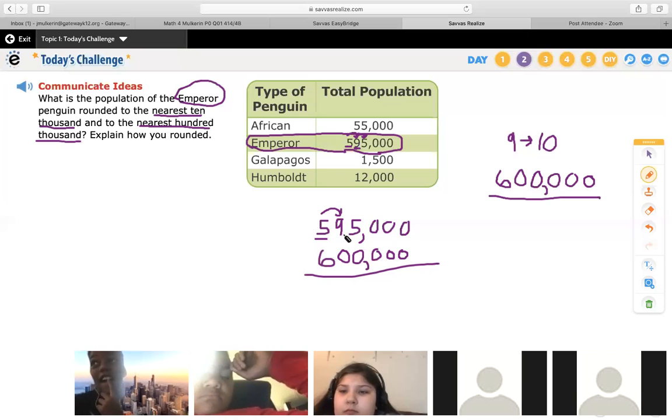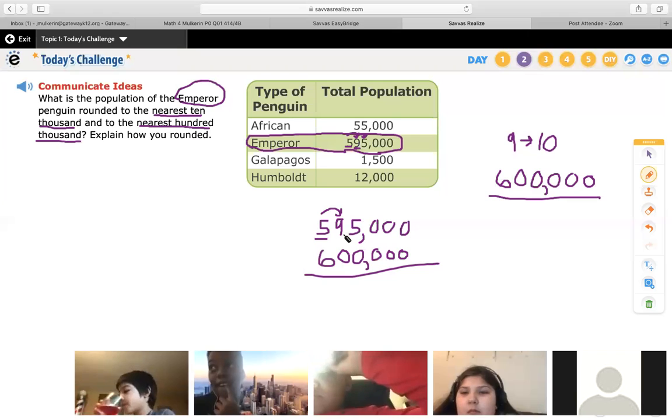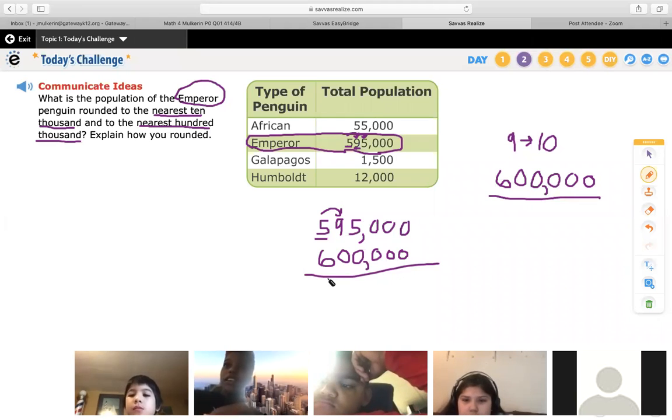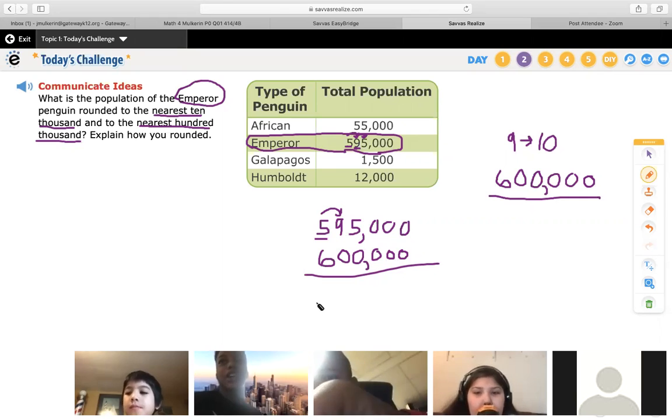Bump it up or leave it alone? 5 or more. What did we do here? We saw a 9 next door. What did we do with that 5? Did we leave it alone or did we change it? We changed it. 5 or more, bump that number up.